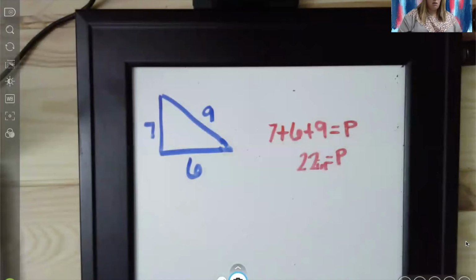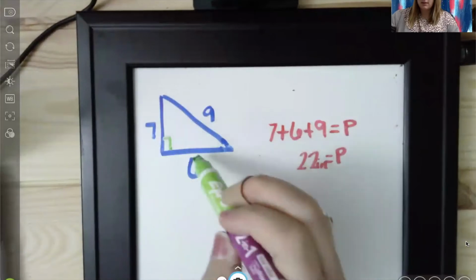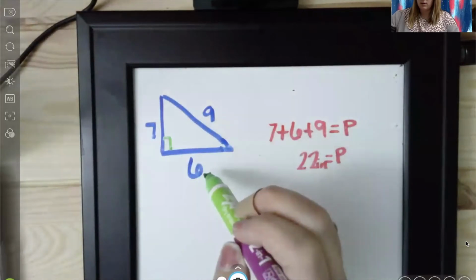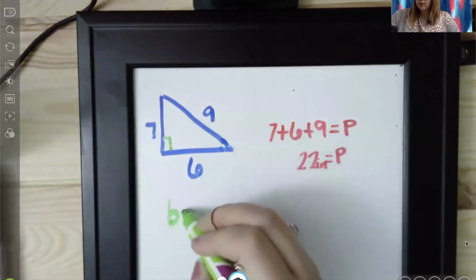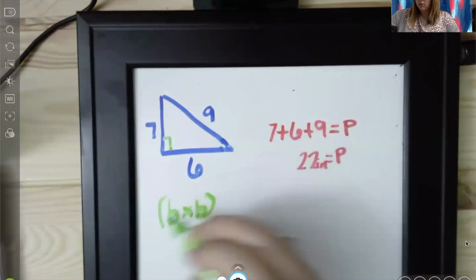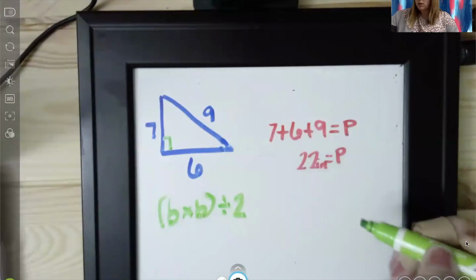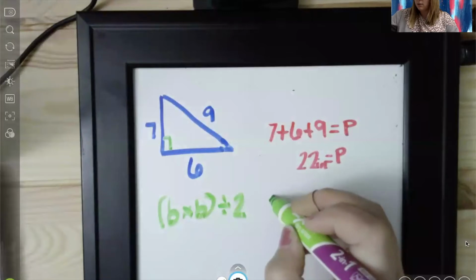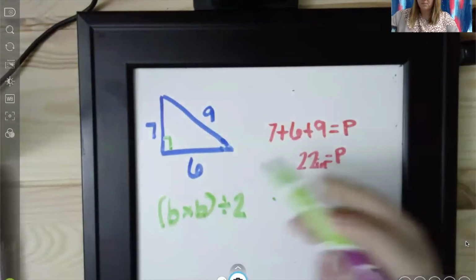Now, when working on the area, just like on our example problem on the slides, this is a right angle. This is our height. This one is our base. So it's base times height divided by 2. So now I just plug in the different measurements.